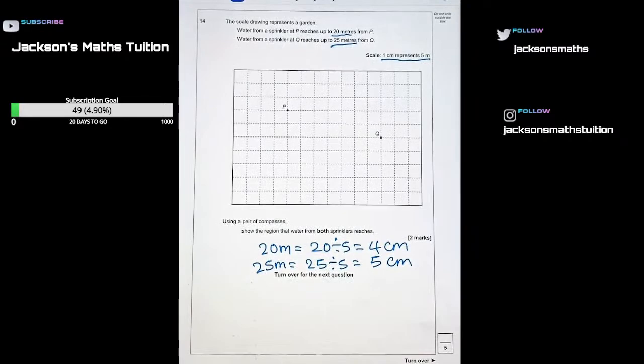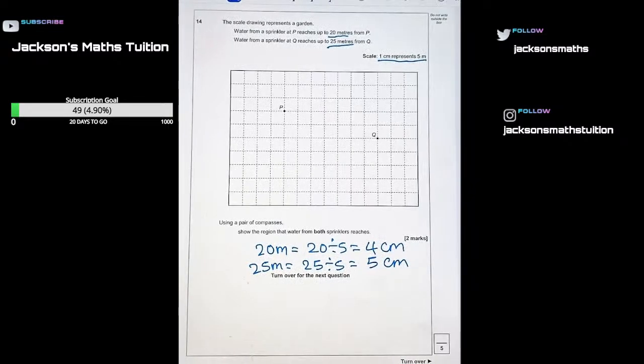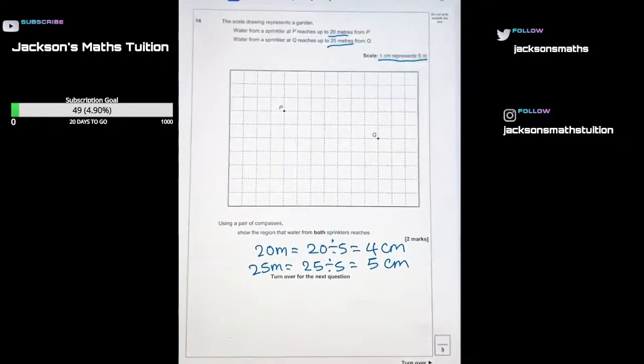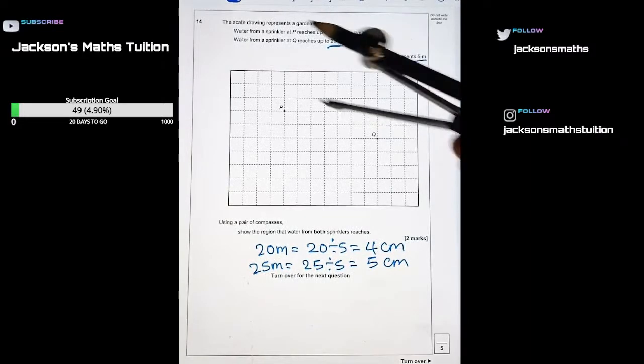So you're going to take your ruler and you're going to have to open the compass to 4 centimeters on the ruler. 4 centimeters on the ruler. That's what you're going to have to do. Now, once you have the 4 centimeters on the ruler, because it says the water sprinkler reaches up to 20 meters, you're going to have to draw a circle at each of those points.